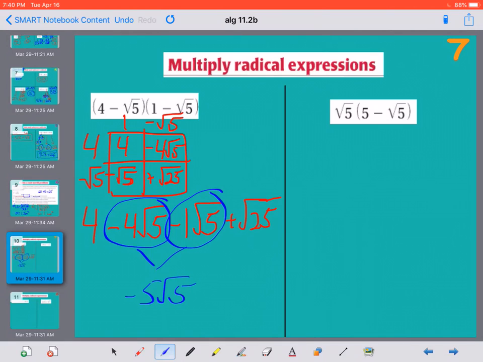Square root of 25 is 5, and then the 4 comes down as well. Last thing we can do is add up our like terms again. So 4 plus 5 is going to give me 9 minus 5 times the square root of 5.